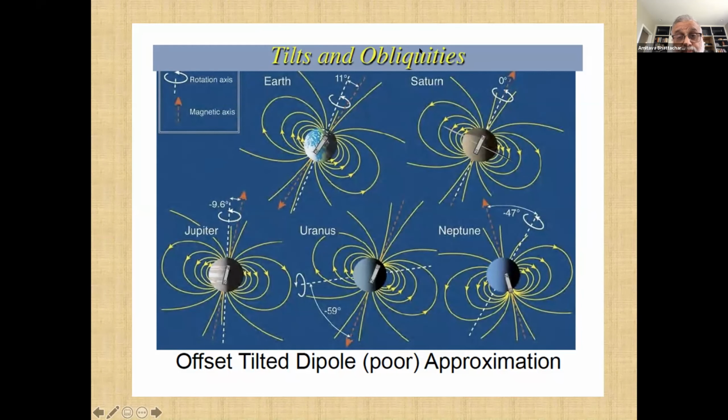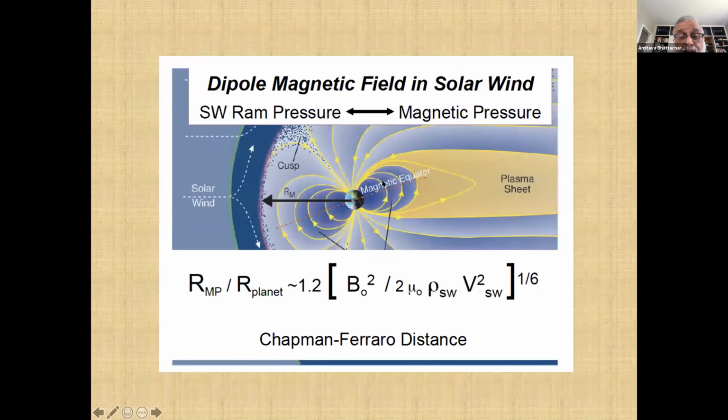What this simple view graph does is make the point that even allowing for the offset between the magnetic axis and the rotation axis, the dipole is a rather poor approximation. In fact, much better magnetic field models exist, where you go to Jackson and expand everything out in spherical harmonics and calculate coefficients of higher order than the dipole, and those corrections are very significant.